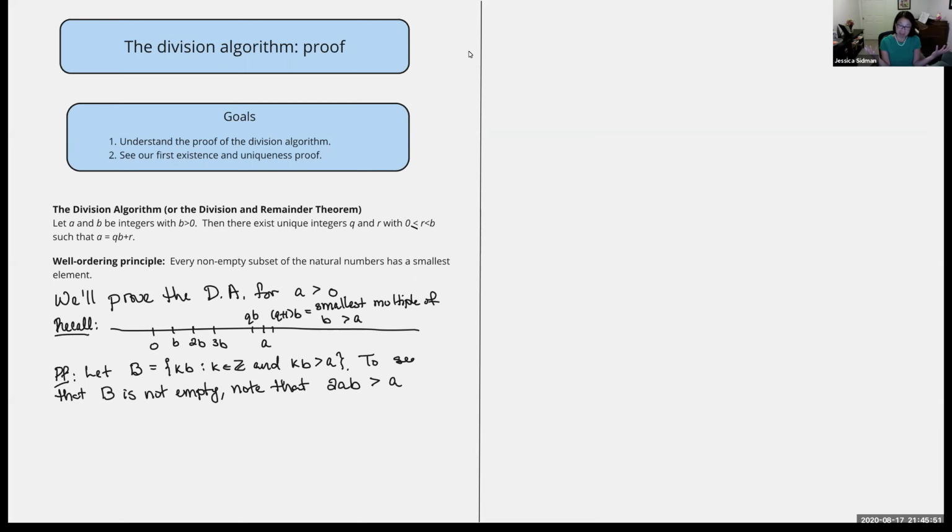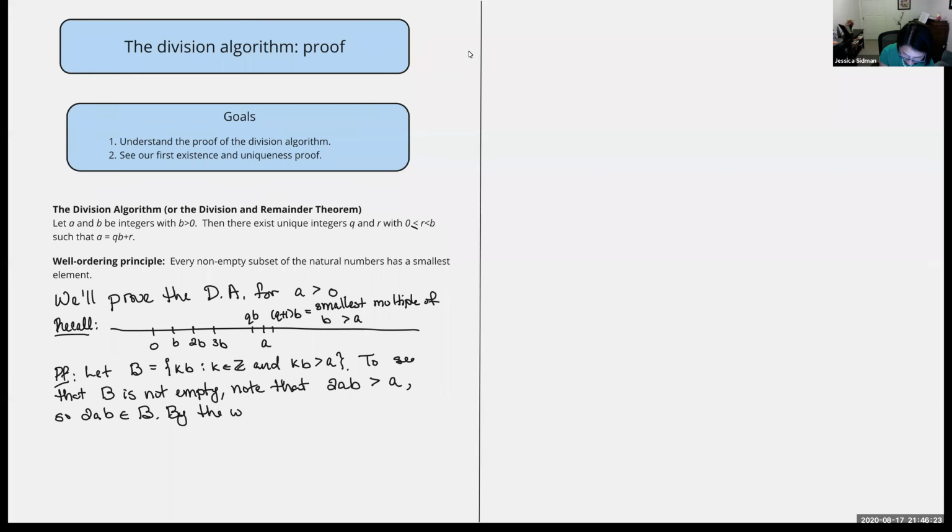So 2AB is greater than A, and is an integer, okay? 2AB is a multiple of B. So 2AB is in capital B, right? So it's not empty.